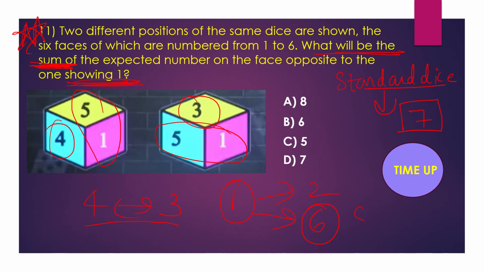Correct? So 1 plus 6 will give you 7 as the answer. So that is the answer. 1 plus 6 I need to do. That will give you 7 as the answer. Okay, so the correct answer is 7.